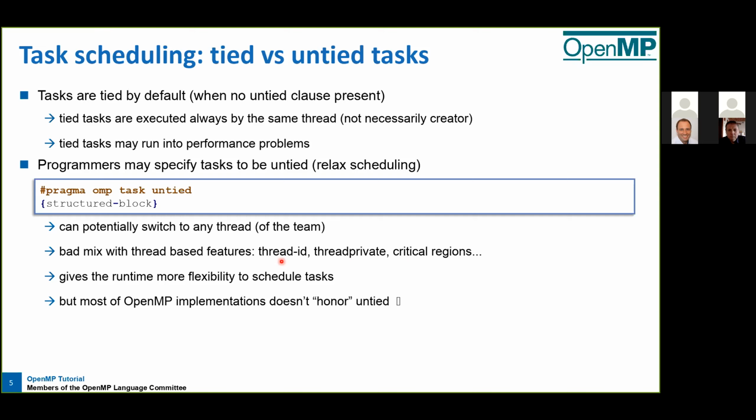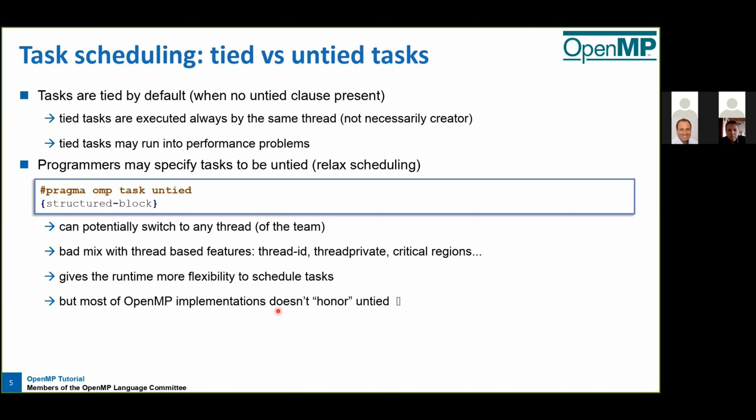All these use cases would cause issues if suddenly within a task, the thread ID might change. And it will change if the thread that executes a task changes. This is why by default tasks are tied. So untied gives the runtime a little bit more flexibility, but it might induce correctness problems unless you exactly know what's going to happen within a task.